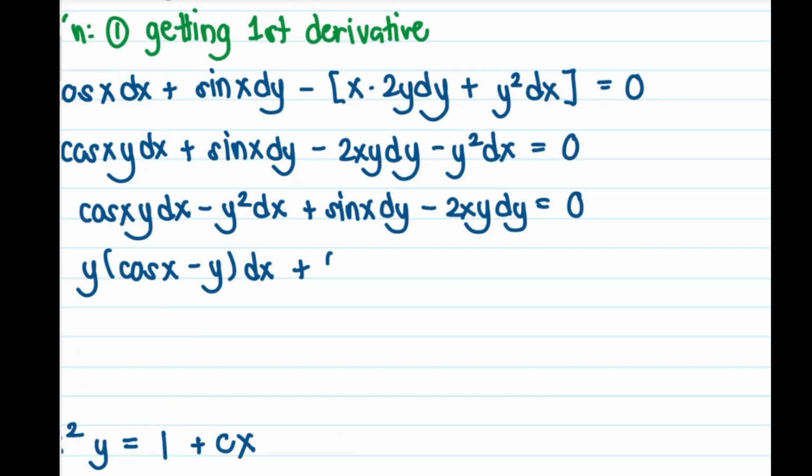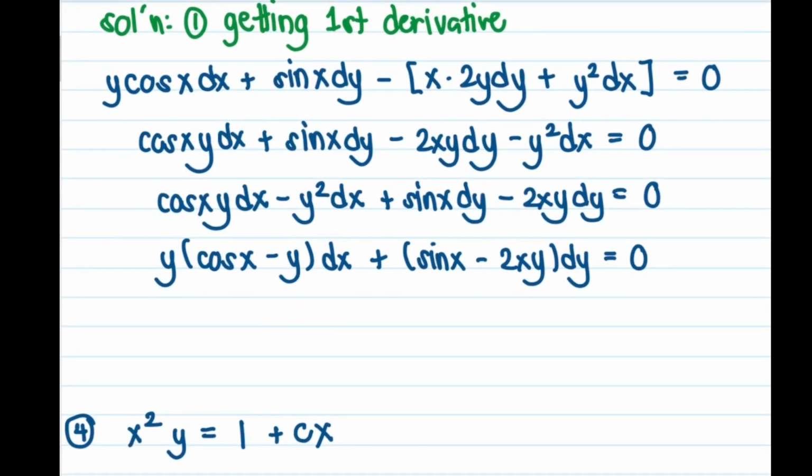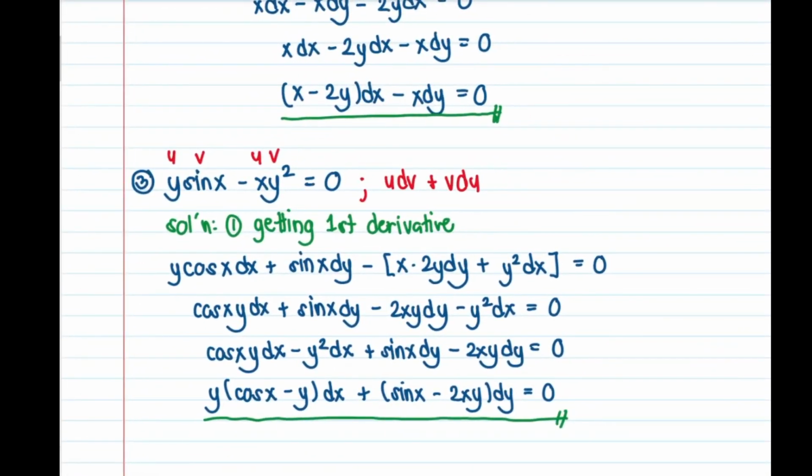So this one will be sine of x minus 2xy dy equal to 0. So this one will be your final answer. Okay? So that will be your final answer for question 3.